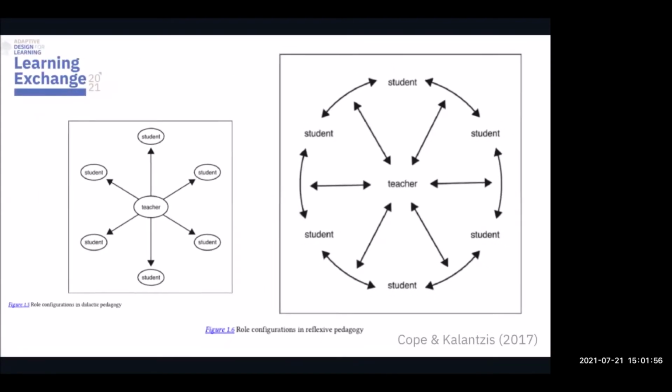So going back to Cope and Calancis, the advantage of online class discussion, according to them, is the collaboration of students and teachers, with student-to-student collaboration emphasized more. Unlike in old school, in-class oral discussion, where a student replies, the teacher gives feedback, and then another student comments. There is higher or faster and more opportunities for collaboration in online class discussion.